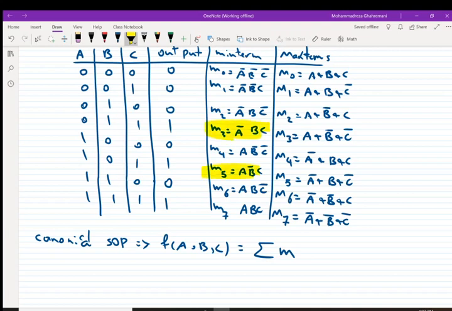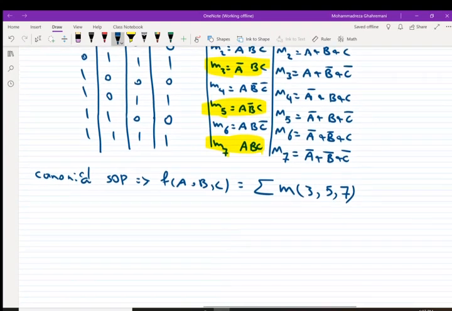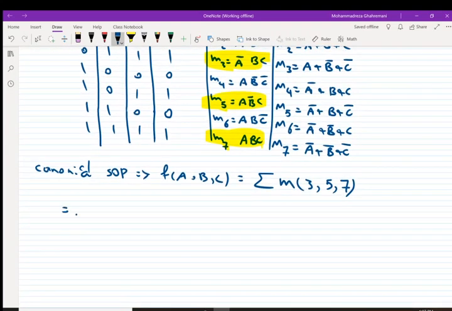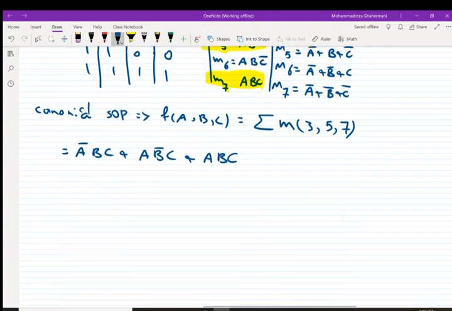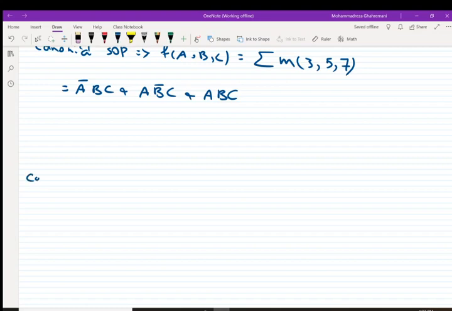So minterms 3, 5, and 7, which can be written in this form: A bar B C plus A B bar C plus A B C. This one is the canonical form of sum of product.